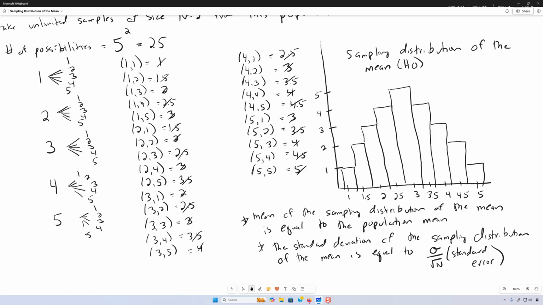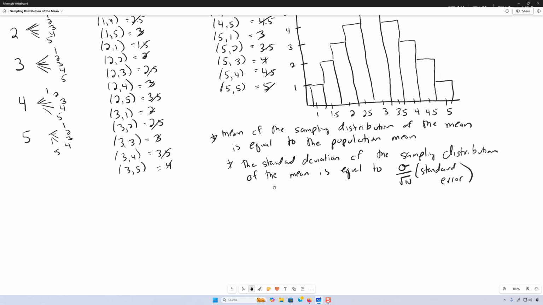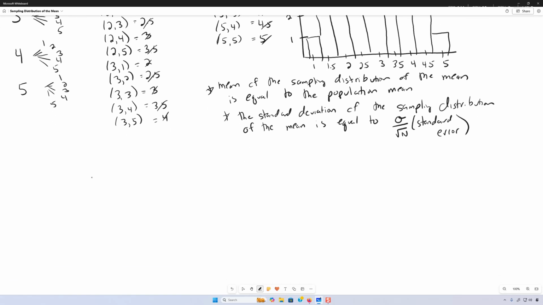Now, these 2 points that I made here fall under an idea known as the central limit theorem, or the CLT, sometimes we call it. So this is part of the CLT, and this is part of the CLT.